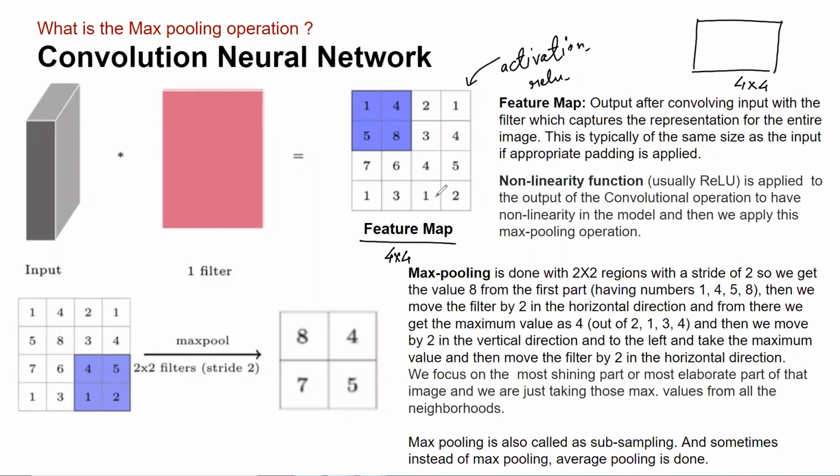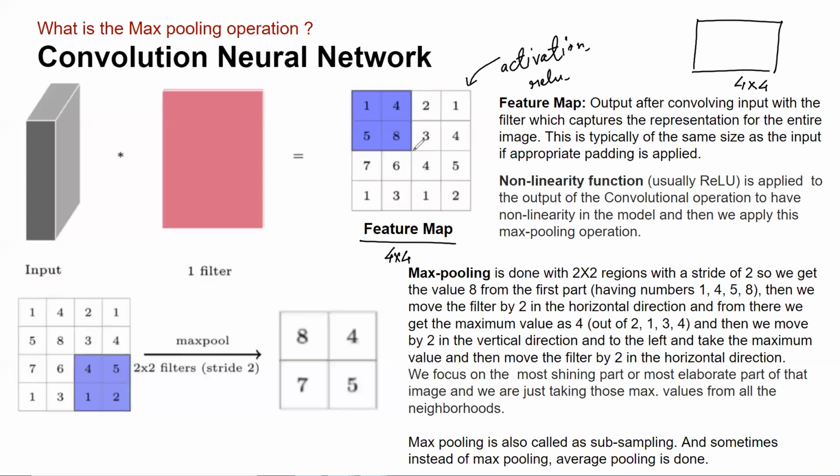Now I might not be interested in all the pixel values. I just want to keep those pixel values where the pixels are prominent. Only the important characteristics of this matrix I'm going to keep. For that we have the concept of pooling, and in pooling we again apply a filter.